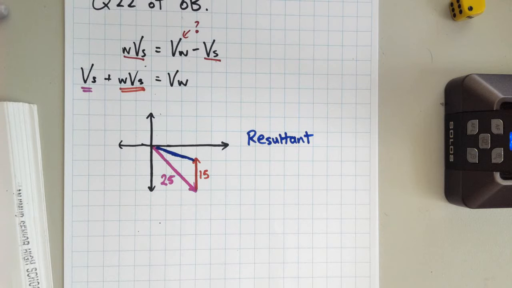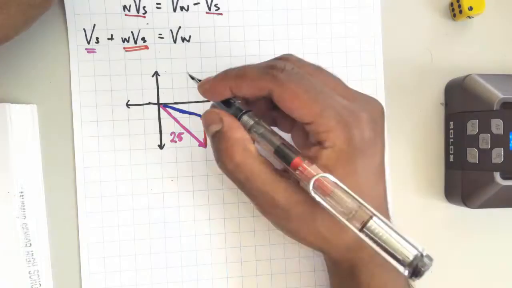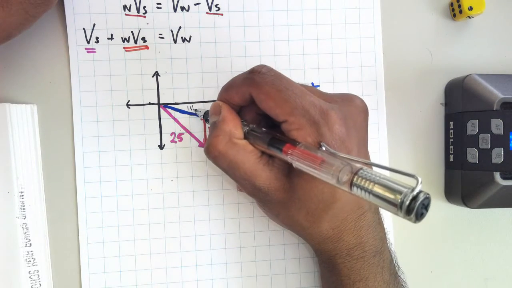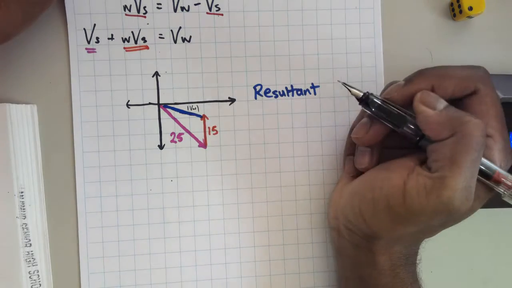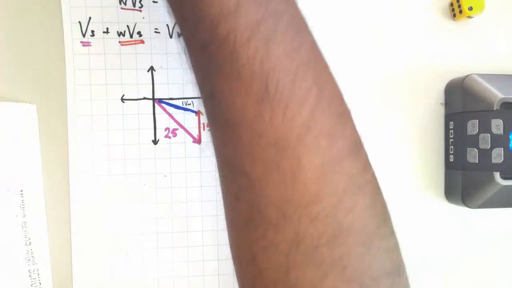Well, first of all, what does that look like? Yes, it does look like a triangle, so we can use the cosine rule. We can in fact use the cosine rule to solve for the magnitude of the velocity of the wind. So let's do that now.